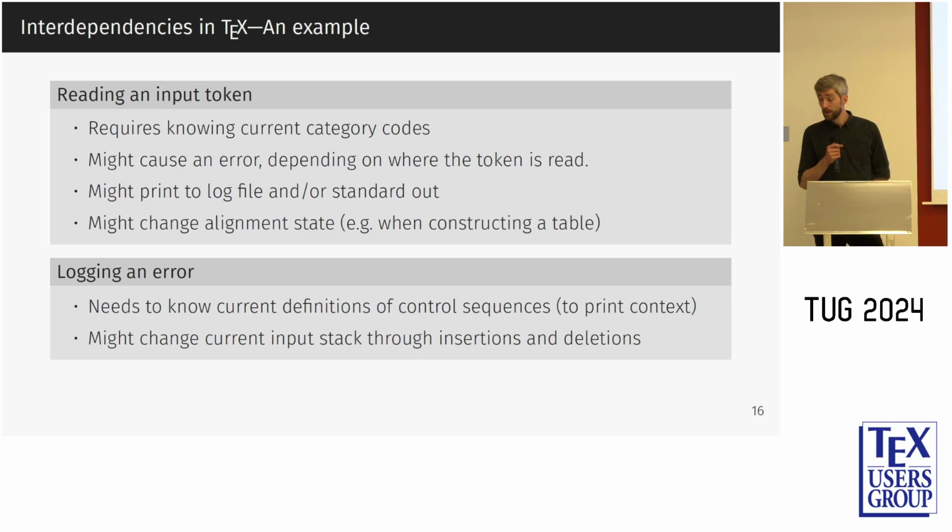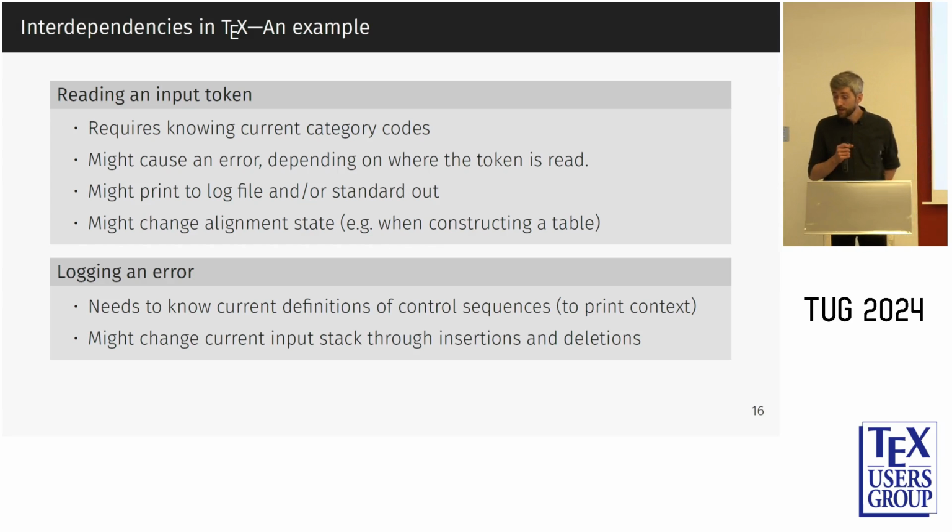And it also needs to access, again, a global variable. For example, if you just finished a file, there's a certain variable that you can set where you can manually verify each line you read in. So there's really just a lot of interdependency. Also, if you're in a table, maybe the alignment state can change.